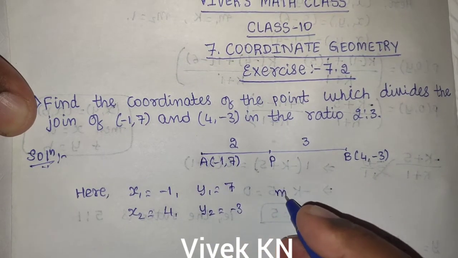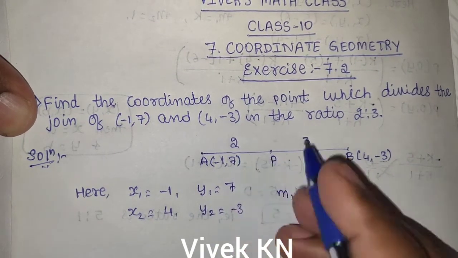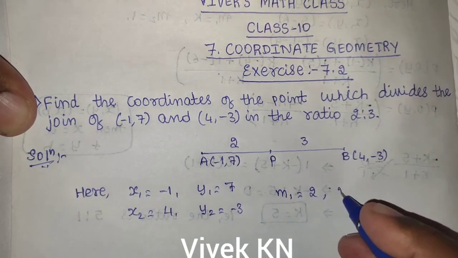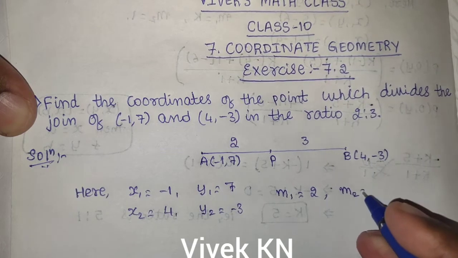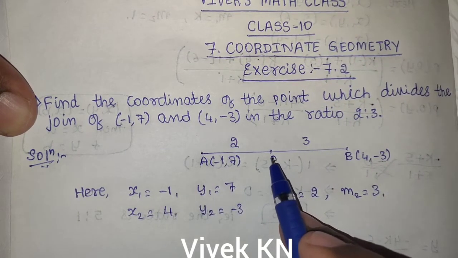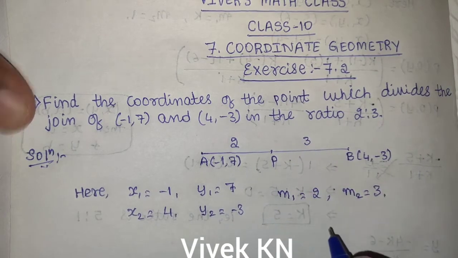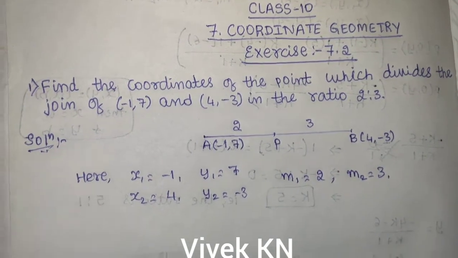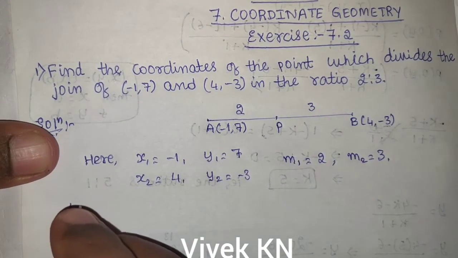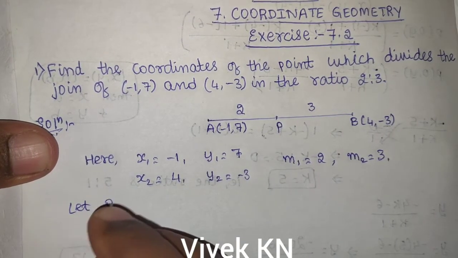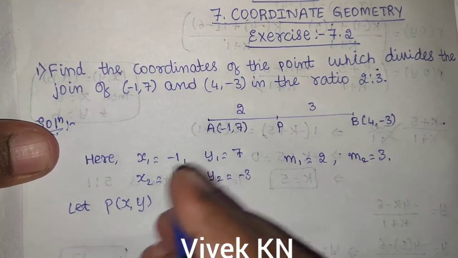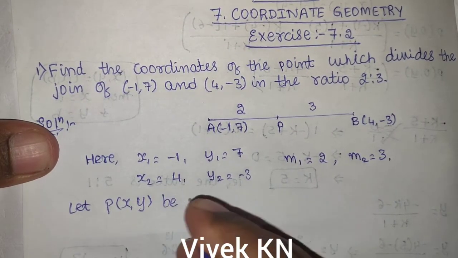And m1 is 2 and m2 is 3. Now we have to find the coordinates of the point P. So let P(x, y) be the required point.